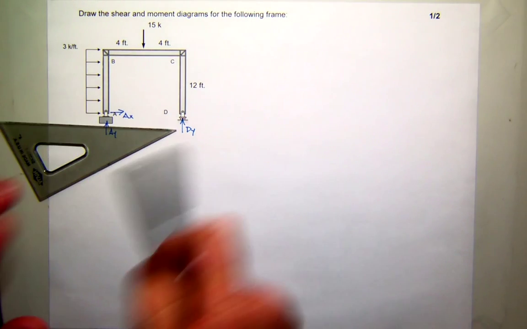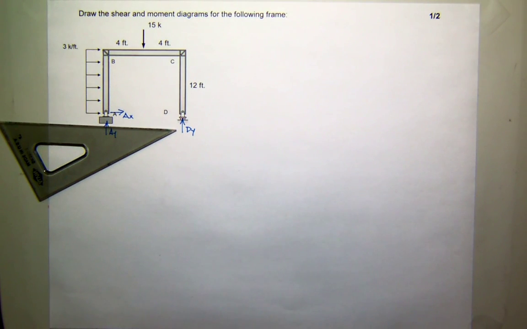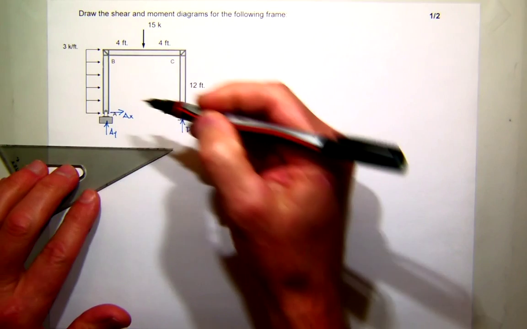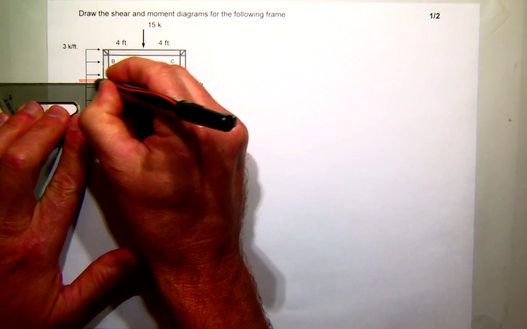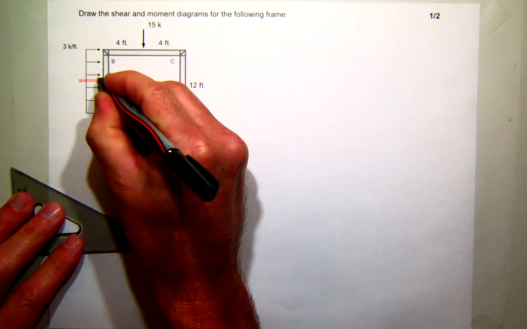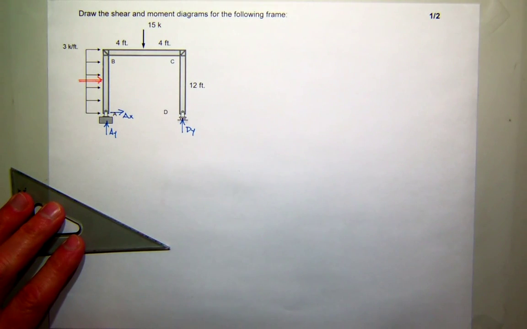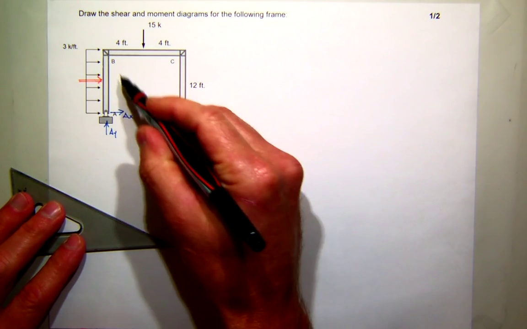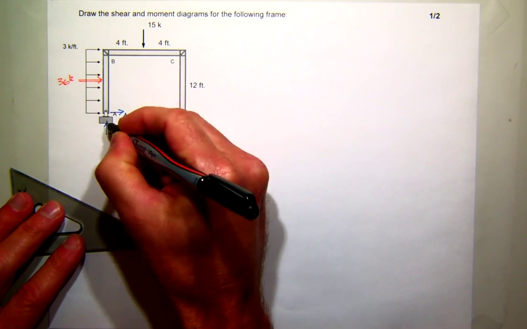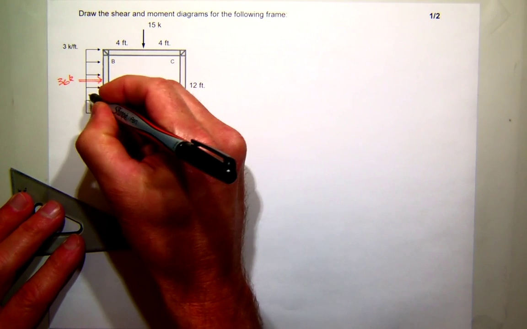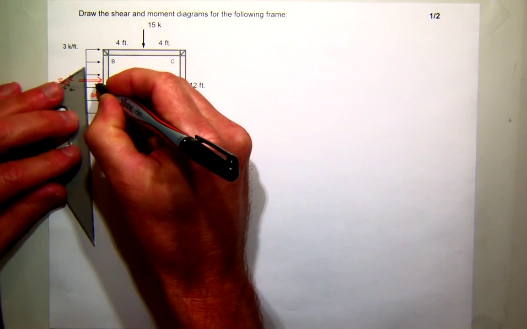Also, I'll go ahead and convert the distributed load that's being applied to AB to a concentrated equivalent to help me out. So it's 12 feet tall times 3, so that's 36 kips. And from A, that would be half the distance, or about 6 feet.